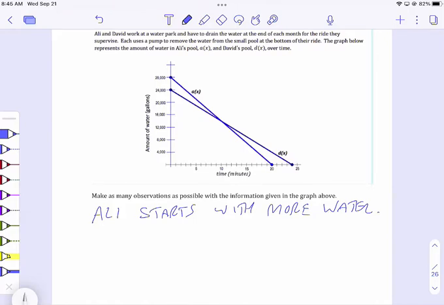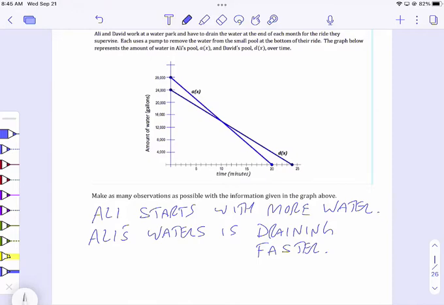Okay. Ali drains his faster. Ali is going faster. Maybe we say his pool, but it's going faster. Again, a lot of different ways to word that. Ali's pool is draining faster, or Ali is draining his pool faster.